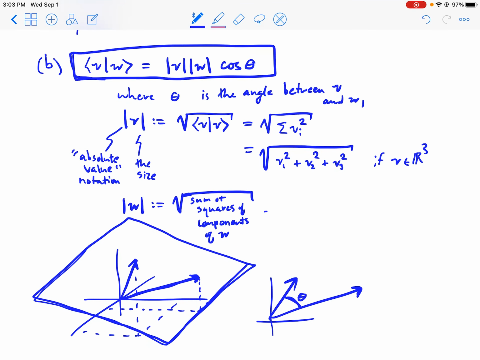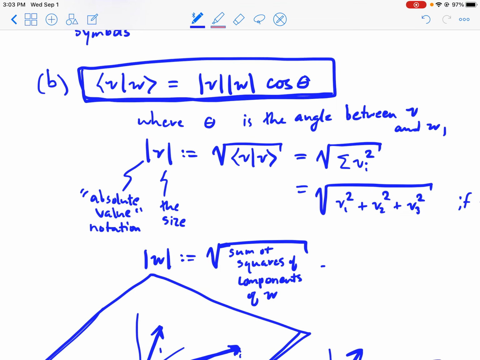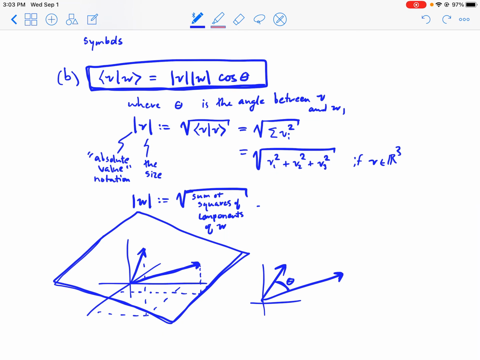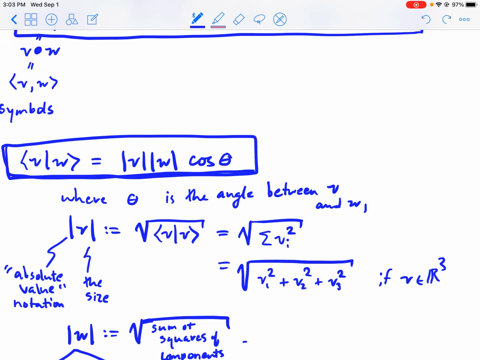In other words, this is how they relate. The question asks, how does the dot product of 2 vectors relate to their lengths and the angle between them? And this is the answer. Okay. In particular, like, what if you want to compute the angle between 2 vectors? Well, then you'll compute this divided by v dot v, and w dot w.